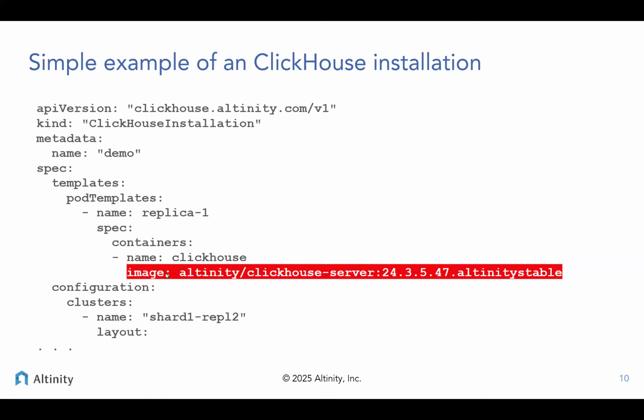You would just change it to another container image name, and the operator will take care of upgrading or downgrading ClickHouse to use that version. There are many other things you can do. You can change the number of replicas, number of shards, amount of storage. All of these things can be controlled with very, very simple changes.